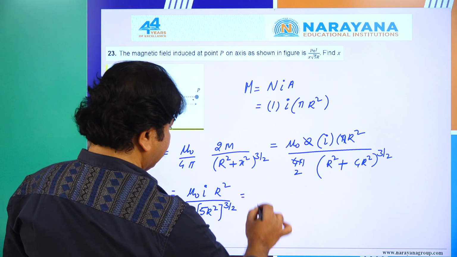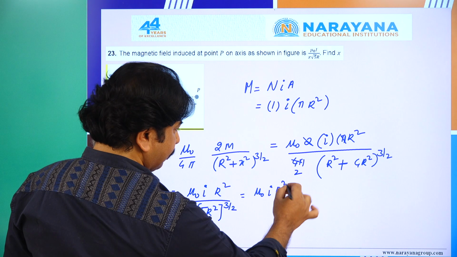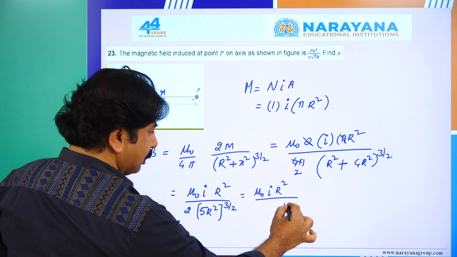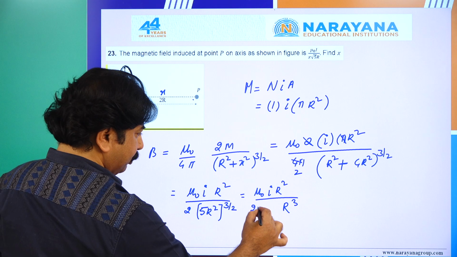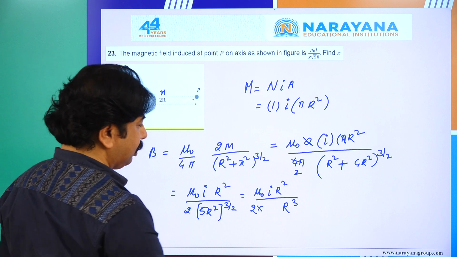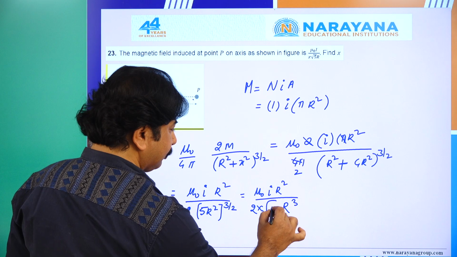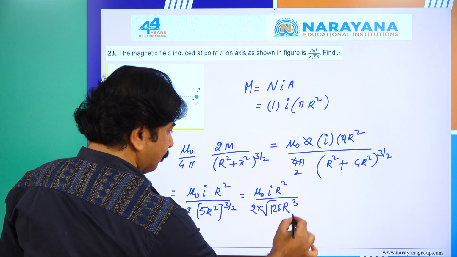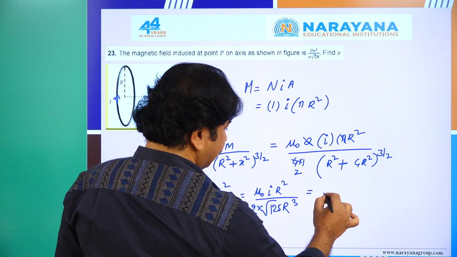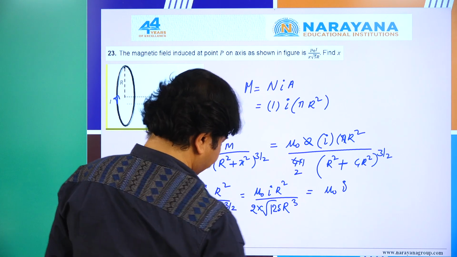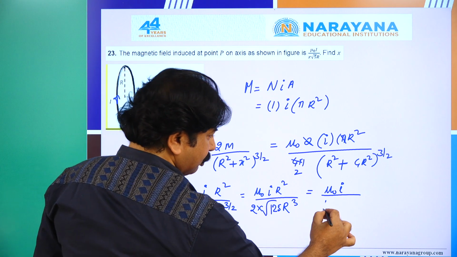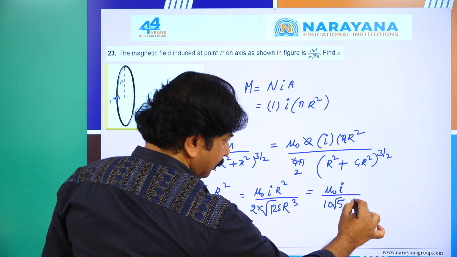The square root of 125 is 5 root 5. So the total is mu naught I by 10 root 5 into r.